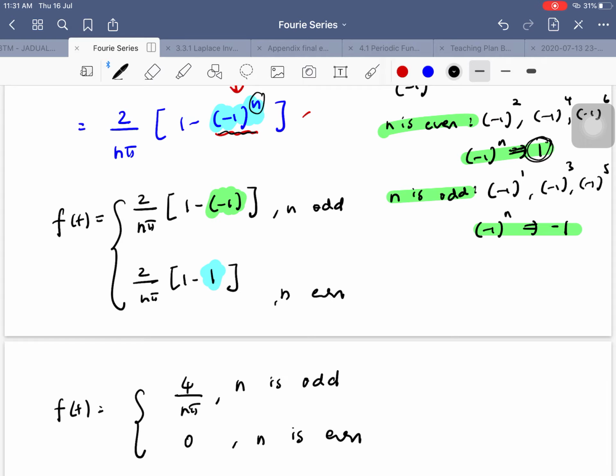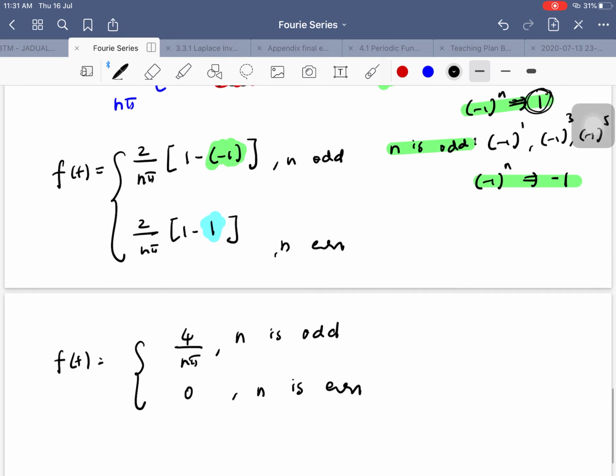So that is how my function looks: it is going to be 4 over n pi whenever n is an odd number, and it's going to be 0 whenever n is an even number. Sorry, this is actually not f of t, this is actually our bn. Okay, so this is what we got for our bn.